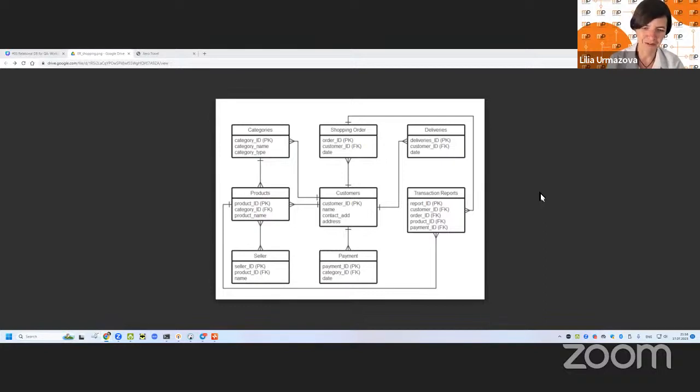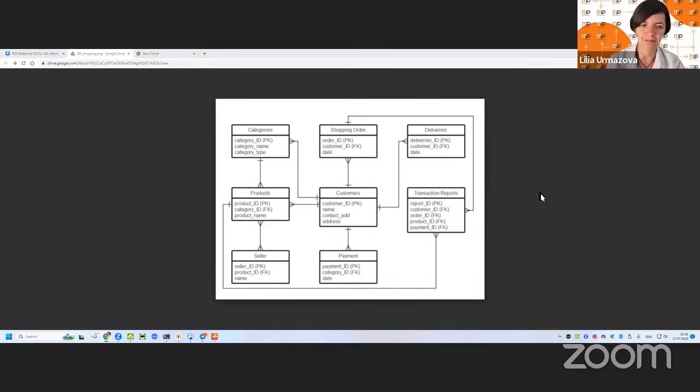Please open this ER diagram, discuss what it is about, how to optimize it better, maybe what primary and foreign keys we have, what strange things we have here.